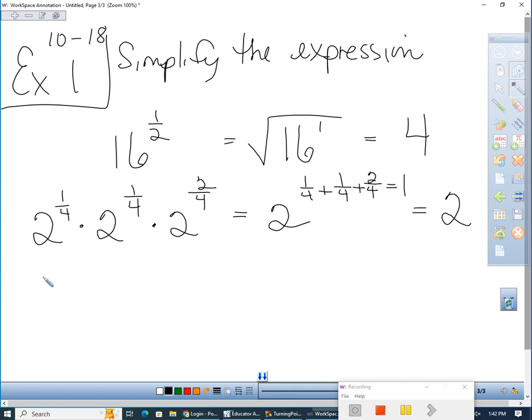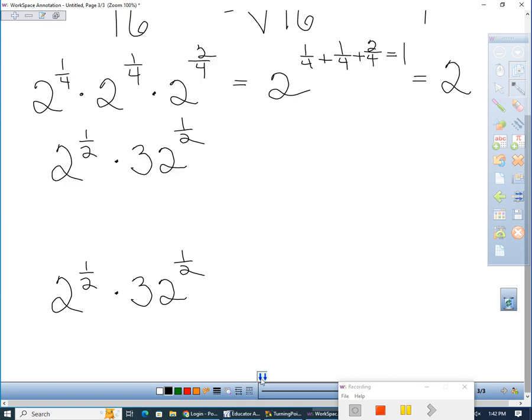All right. Let's say I have 2 to the 1/2 power times 32 to the 1/2 power. Those bases aren't the same, so I can't add the exponents, right? Let's try this again.